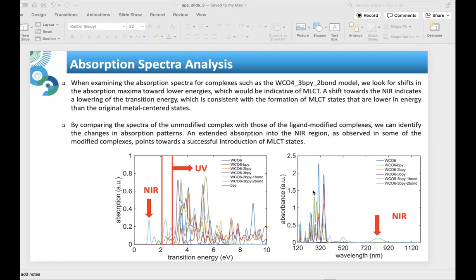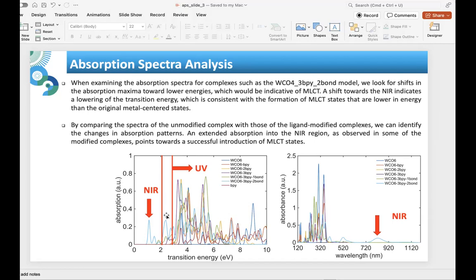Only that model, tungsten with 3 bipyridine and a double bond, is one where we are able to see an absorption peak in the near infrared range. Most of the others have their peaks in the UV range.